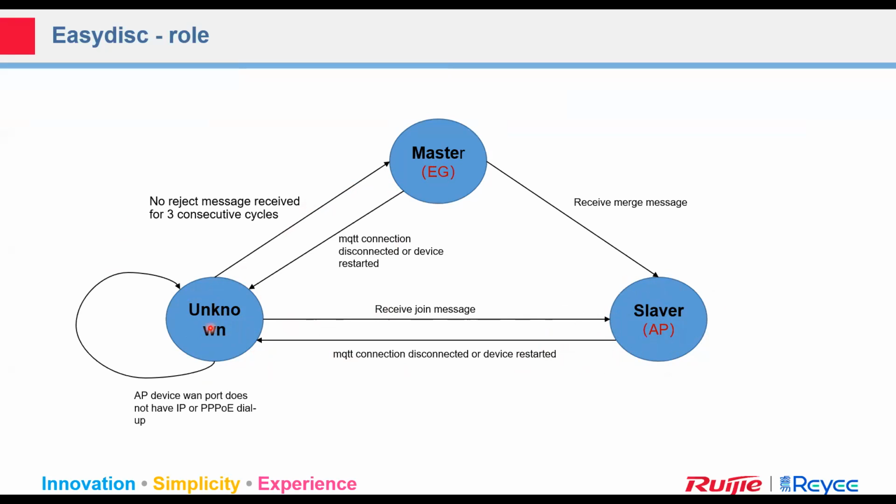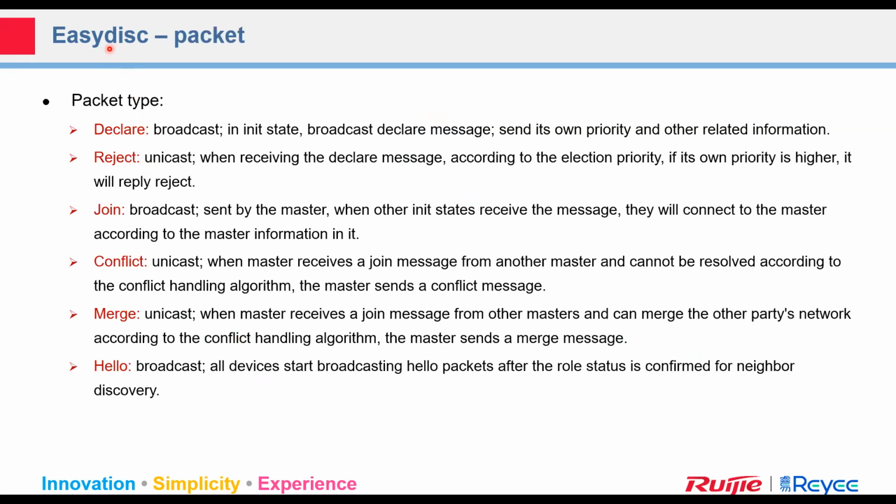If the AP device's port does not have an IP, it will keep becoming unknown. So what happens here: a device's easy discovery packet has a declare packet, where it broadcasts an initial message and sends its priority to other network members. You can also send a reject.